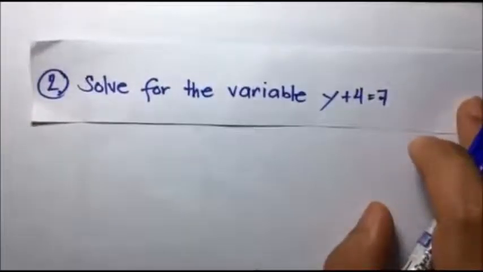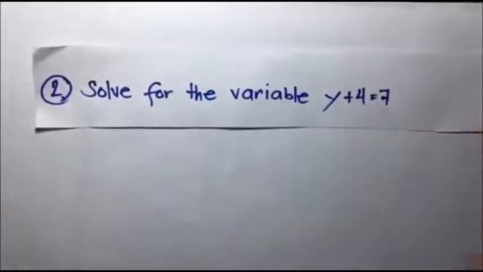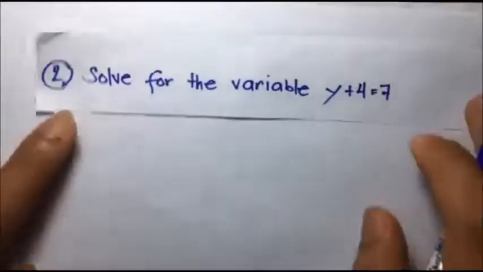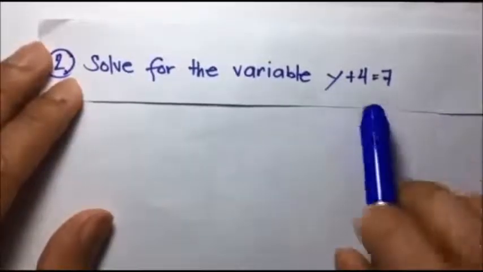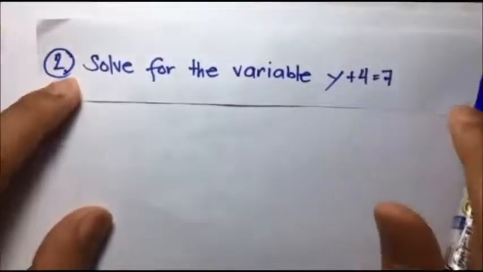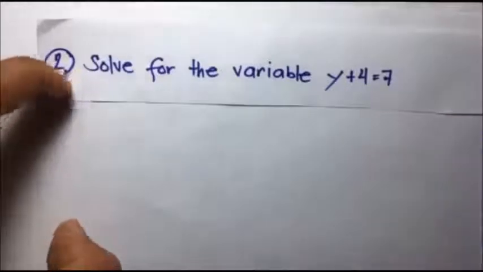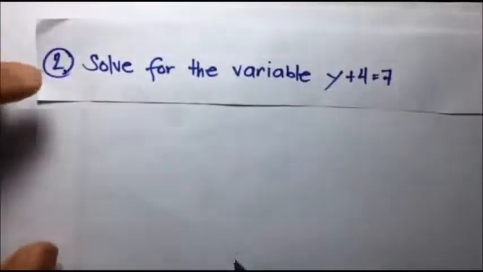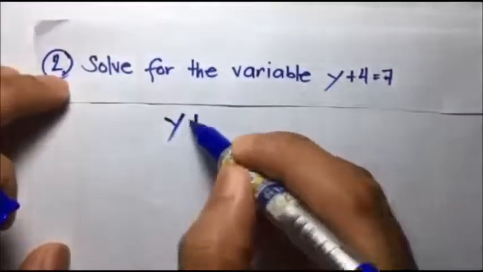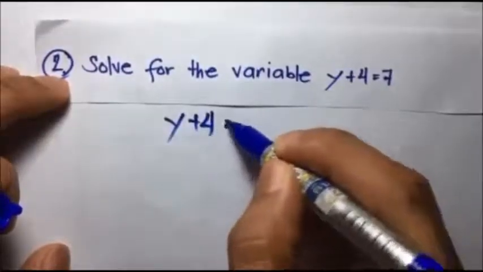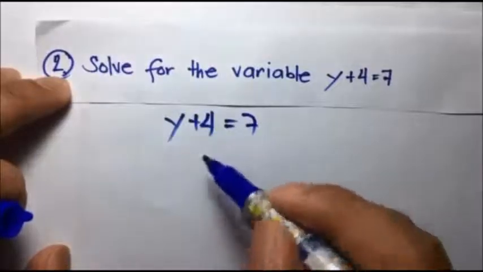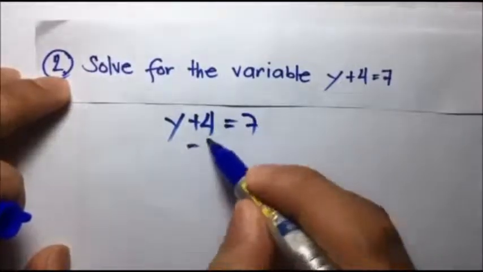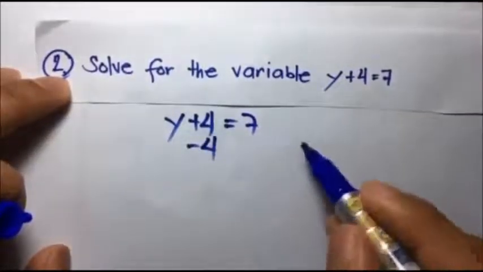Here is example number 2. Solve for the variable: y + 4 = 7. In order to get rid of this positive 4, we need to use the subtraction property of equality. We need to subtract 4 from both sides of the equation.